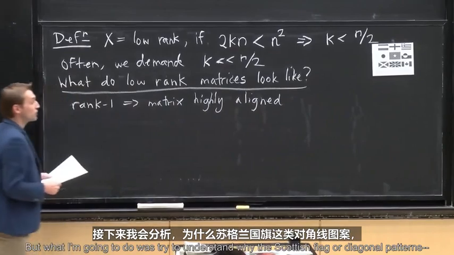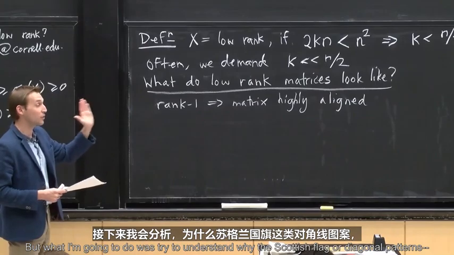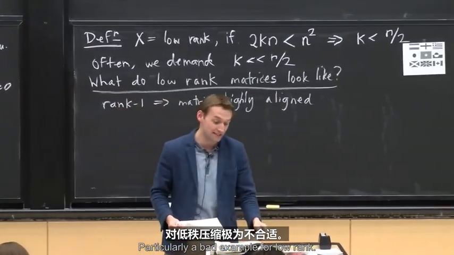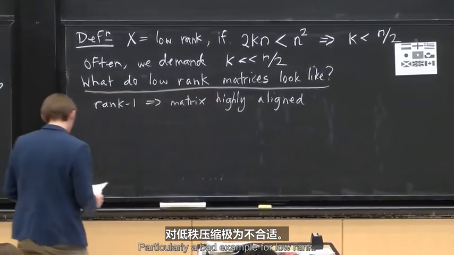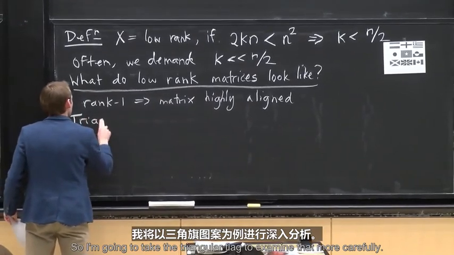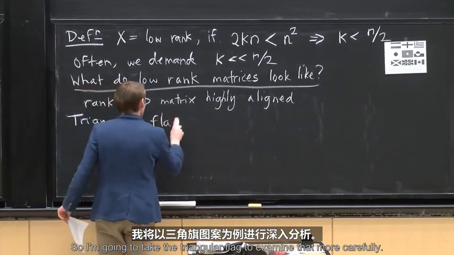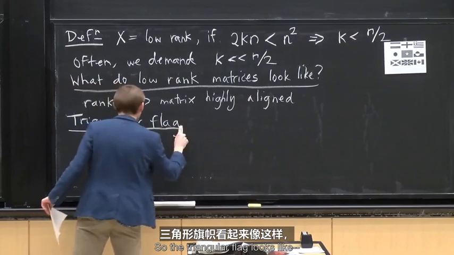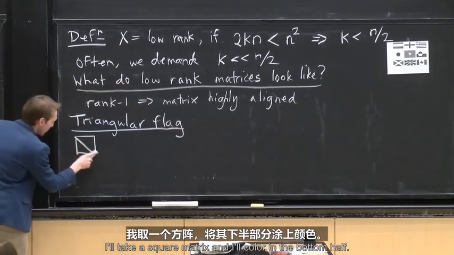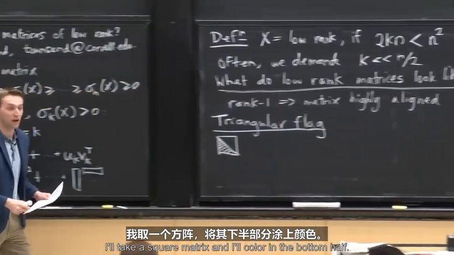But what I wanted to do was try to understand why the Scottish flag, or diagonal patterns, are particularly a bad example for low rank. So I'm going to take the triangular flag to examine that more carefully. I'll take a square matrix and color in the bottom half.